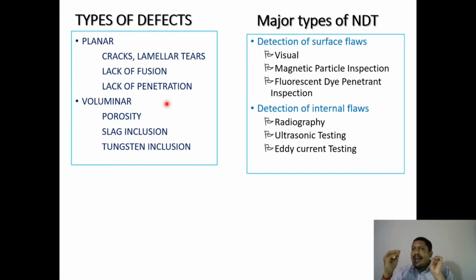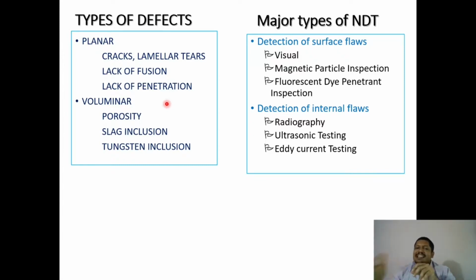But if you have lack of fusion, lack of inter-run fusion, lack of sidewall fusion, or lack of penetration, you will not be able to determine them by any of these three methods. Or if a porosity, or a shrinkage porosity in the case of a casting, is present, then you have to go for techniques like radiography, ultrasonic or eddy current testing to determine the internal flaws present inside the material.